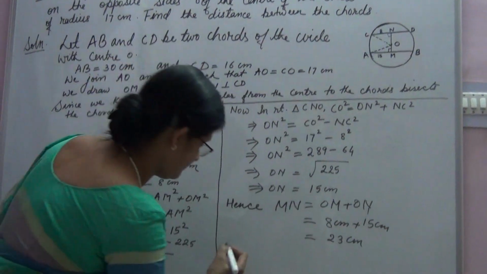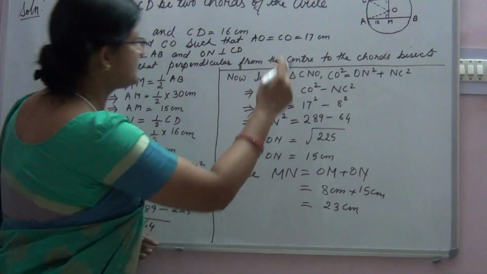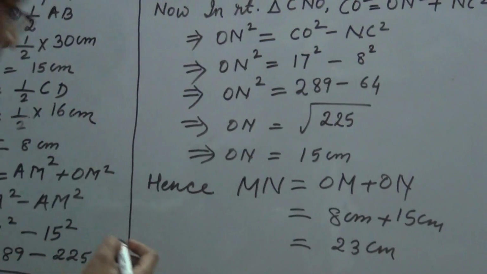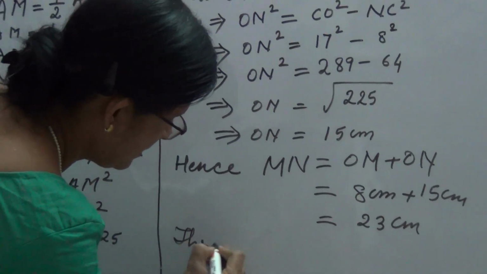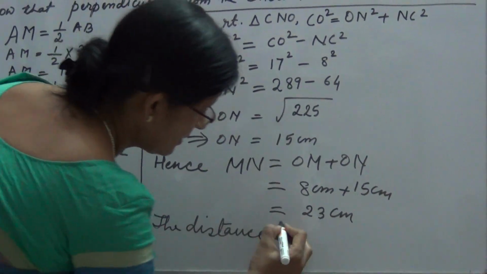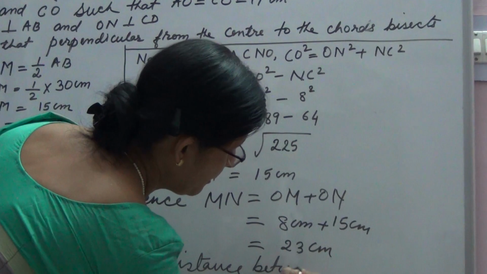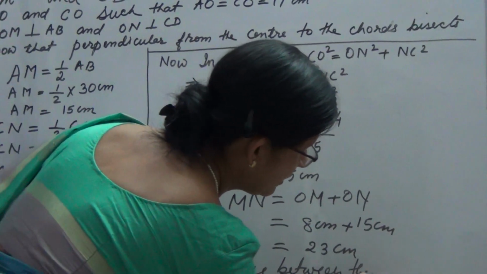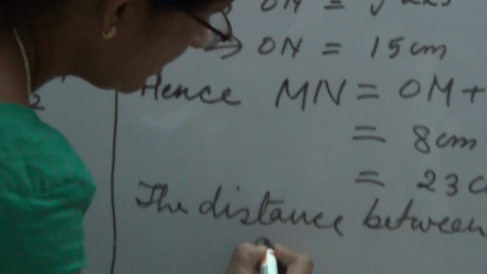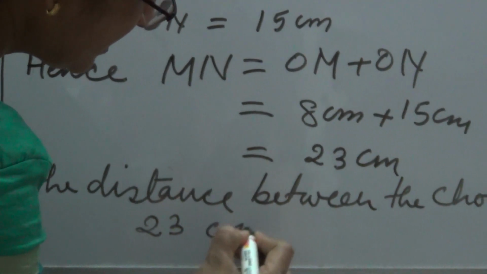Thus, we can say that the distance between the chords is 23 centimeter.